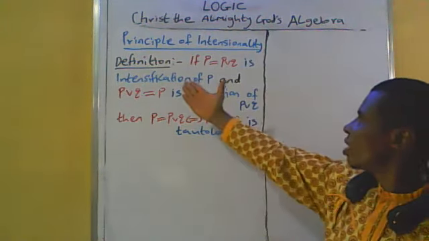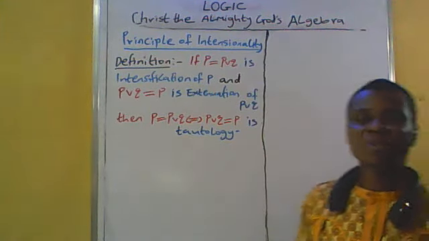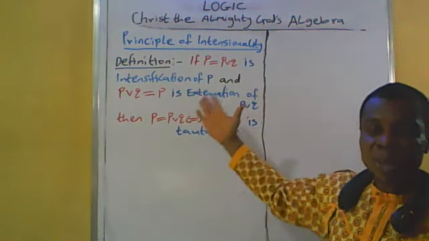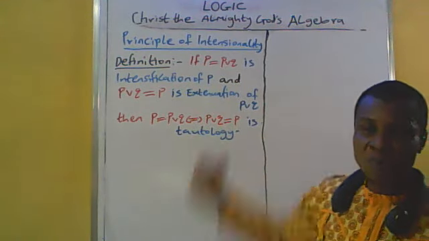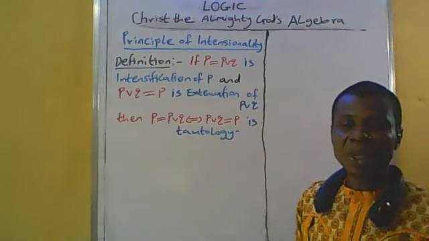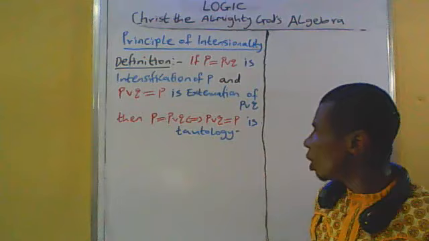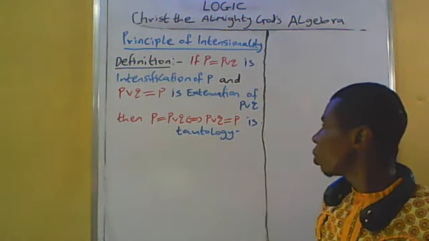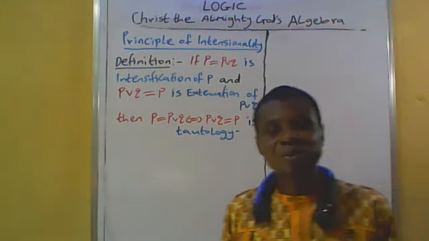We have defined the principle of intentionality. You said that the definition, if P is equal to P or Q, is intensification of P, and P or Q is equal to P, is extenuation of P or Q, then P is equal to P or Q if and only if P or Q is equal to P is tautology.